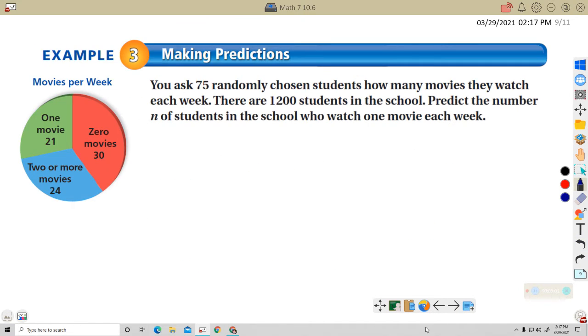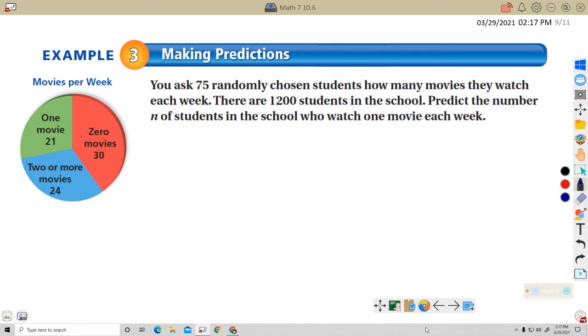And let's take a look at example 3 here. Making predictions. You ask 75 randomly chosen students how many movies they watch each week. There are 1,200 students in the school. Predict the number N of students in the school who watch 1 movie each week.